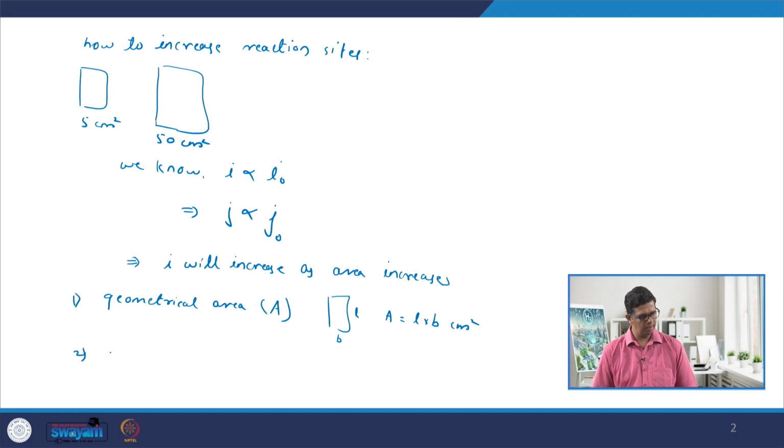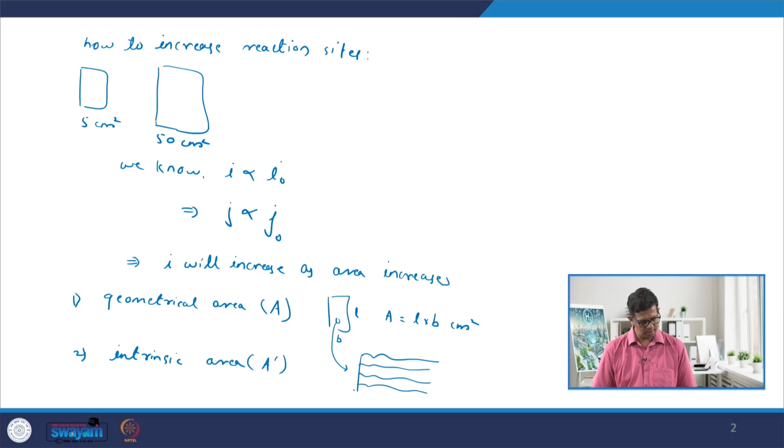There is another area that we will now introduce, which is the intrinsic area. Let us call this A dash. Now, intrinsic area is far different from the geometrical area. It is the actual area of the reaction sites. If I zoom in on a small portion of this geometric area, there will be crests and troughs all the way across this electrode.